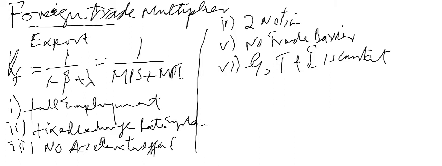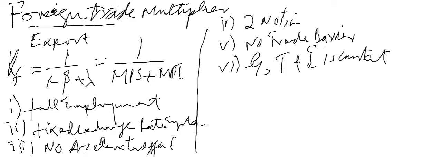So how can we derive this formula? We again take the help of national income identities.